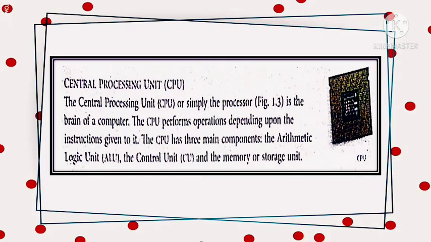The CPU has three main components. The first one is arithmetic logic unit, which is also called ALU. The second is control unit, which is also known as CU, and the memory or storage unit. Let's study them one by one in detail.